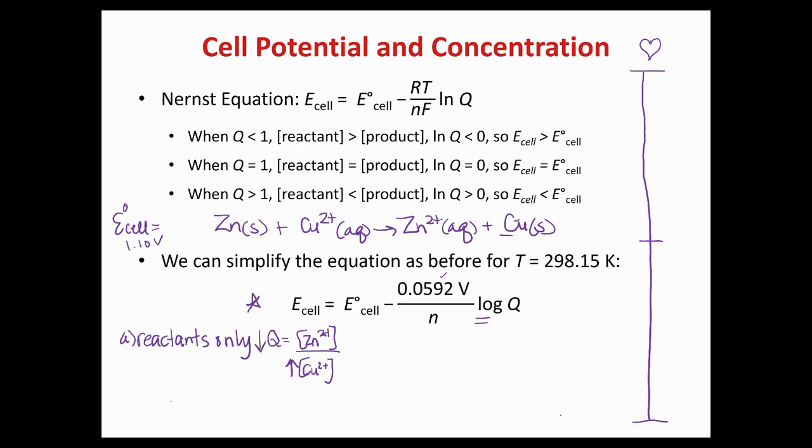And so when Q is a lot less than 1, when you plug in a small number into Nernst, that's going to make that negative. And so you're going to be adding voltage onto E naught of cell. So what's going to happen is E of cell is greater than E naught of cell.